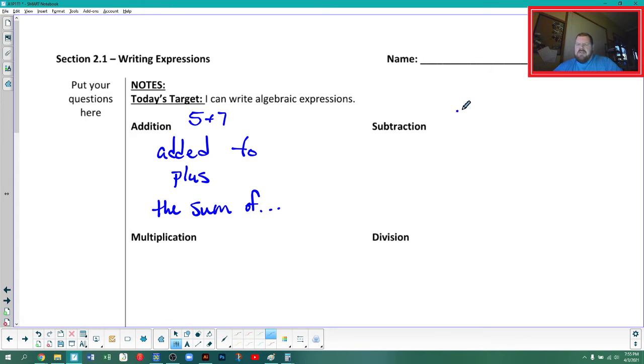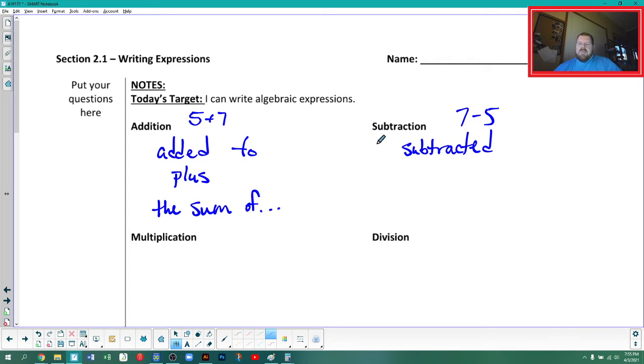Subtraction. Let's flip it around a little bit so it's more positive, but 7 minus 5. I could say subtracted. There's two ways to do that, because subtraction's a little bit weird in that the order that you write it matters.